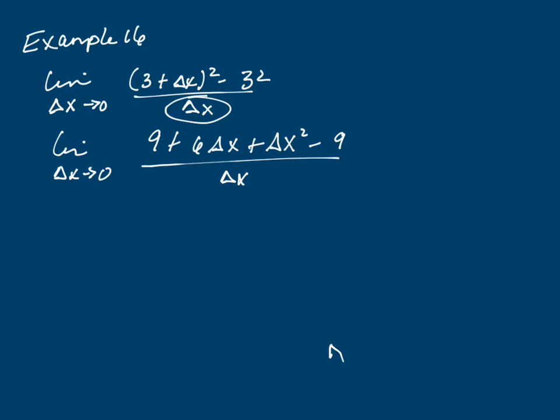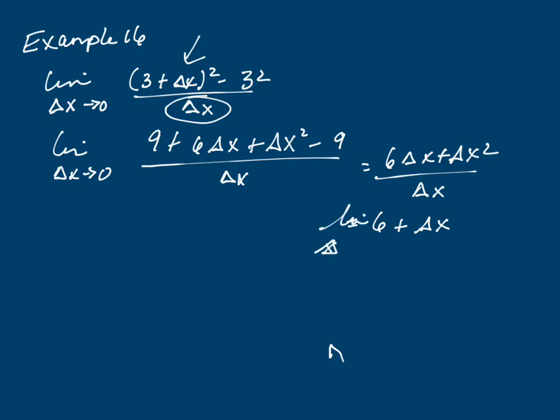So you see that if you simplify this, multiply out the FOIL, the binomial, you get 6 delta x plus delta x squared over delta x, which is equal to 6 plus delta x. And that's the limit as delta x approaches 0. So what we did was simplify the function, and you can't say there's no limit if you haven't simplified all the way. So just simply put in 0 for delta x and you get 6.